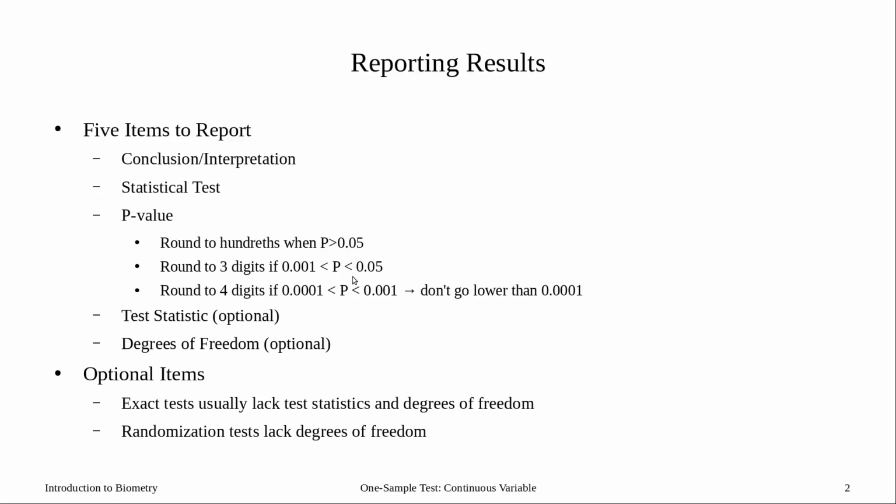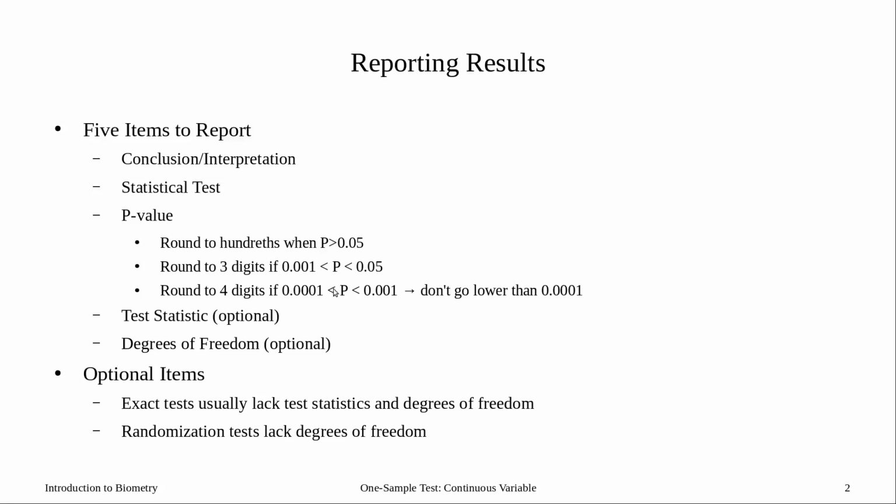If our p-value is between 0.05 and 0.001, then we will round to 3 digits. So if we have, let's say, 0.046, we would actually report it as 0.046 because it's between these 2 numbers. If our p-value is less than 0.001 but greater than 0.0001, then we go to 4 digits.